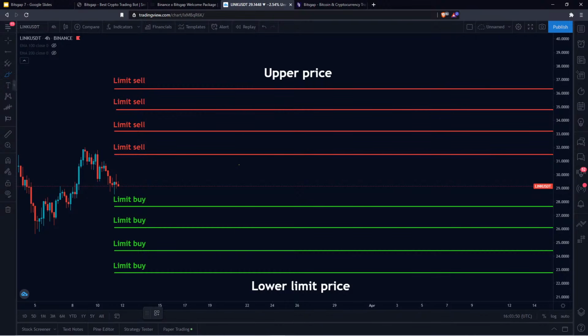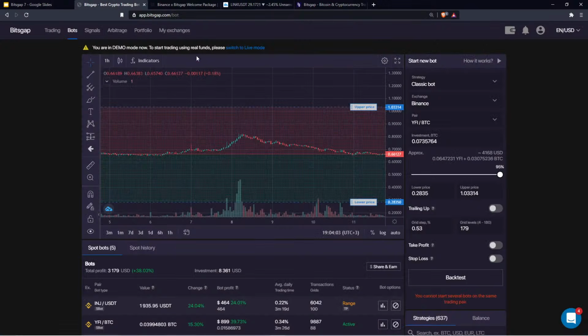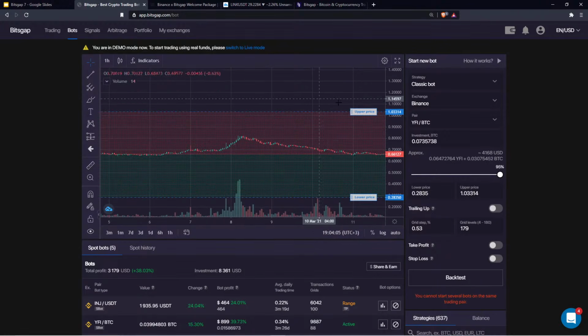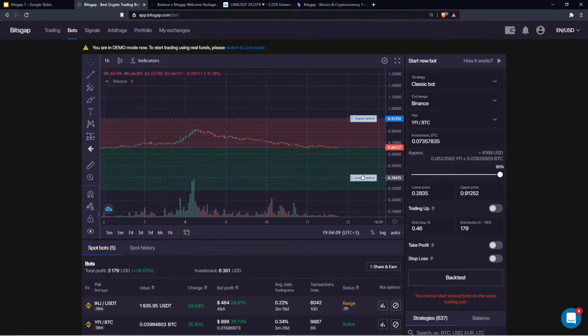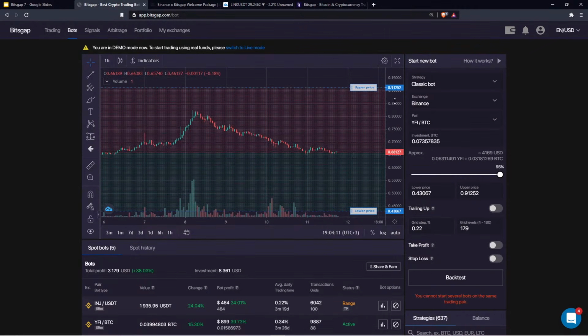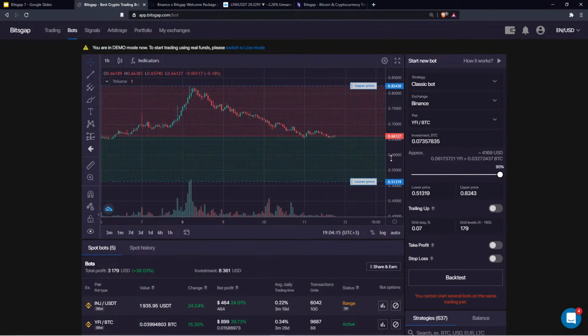So once you have decided the trading range within which you expect the bot to trade, and this trading range is defined by the upper price and lower limit price, on Bitsgap you can drag this upper price and lower price in any direction you want to configure your trading configuration.